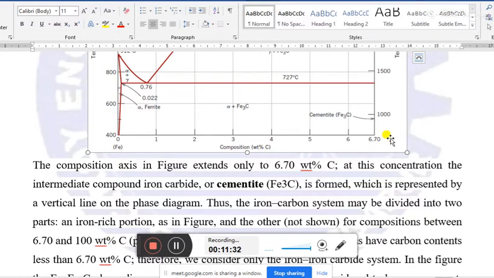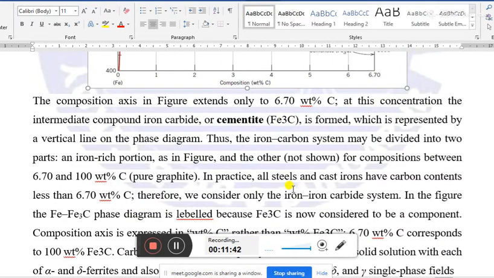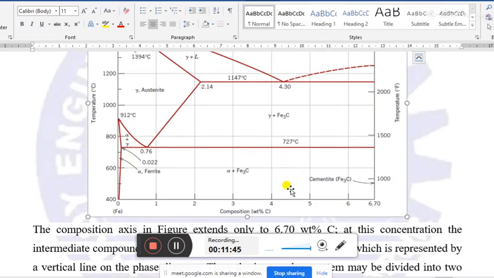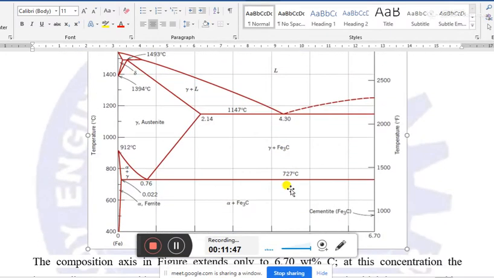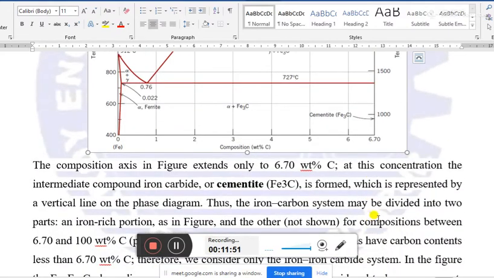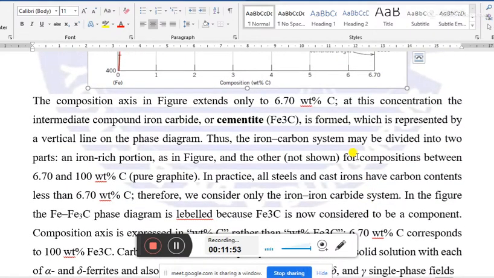That's why we are not taking that carbon rich portion into consideration. We are only taking in our discussion 0 to 6.7 weight percentage of carbon.